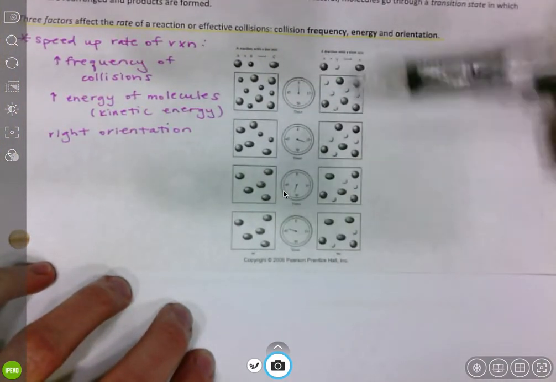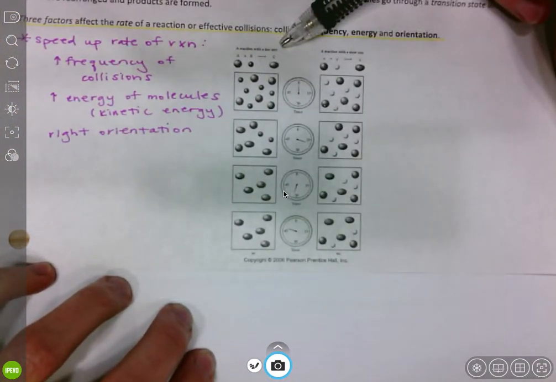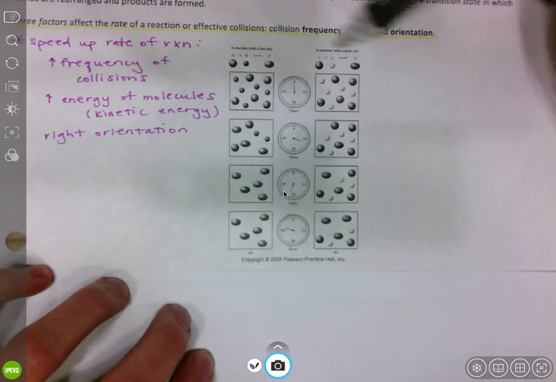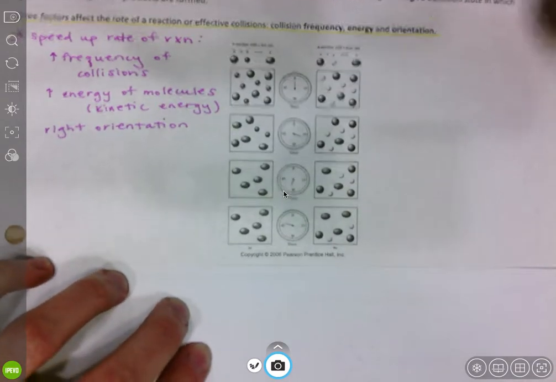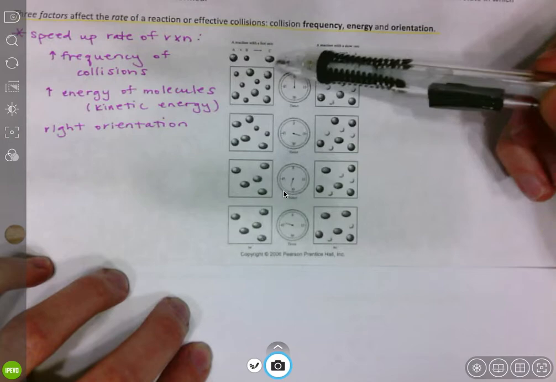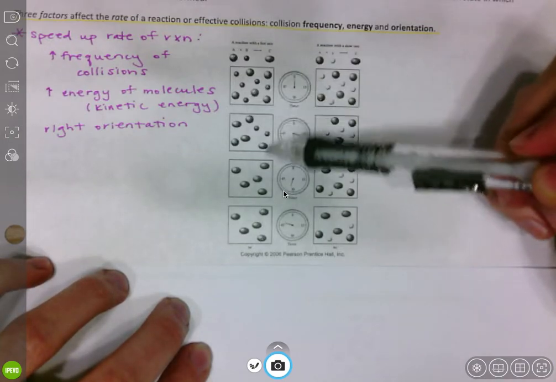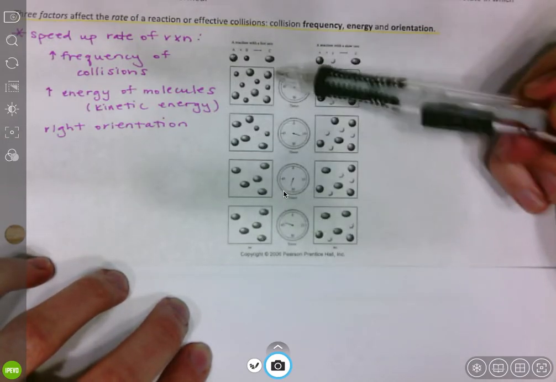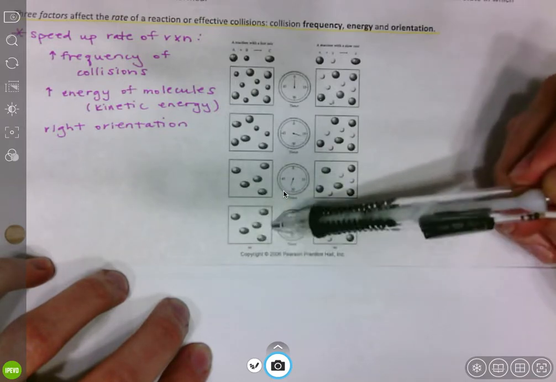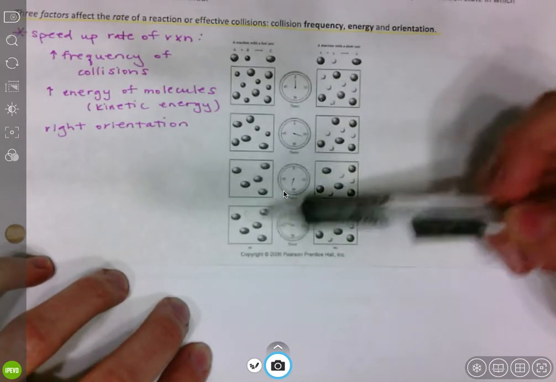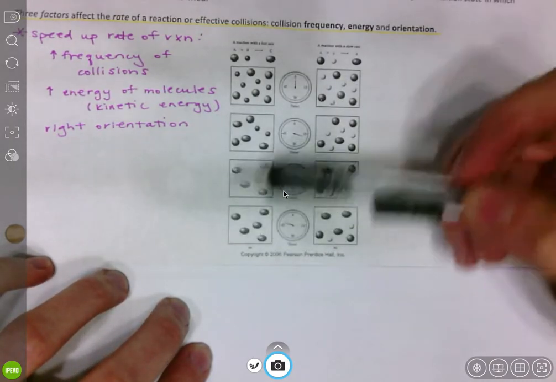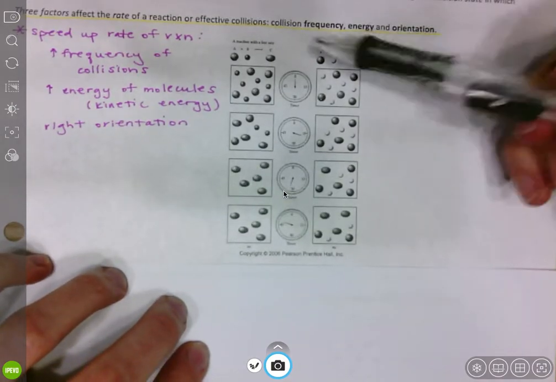So in these pictures here, we have a reaction with a fast rate, and on the right we have a reaction with a slow rate. So basically, as time goes on, our reaction here occurs really quickly. Notice how we only have products by the time we get to the third and fourth frame.